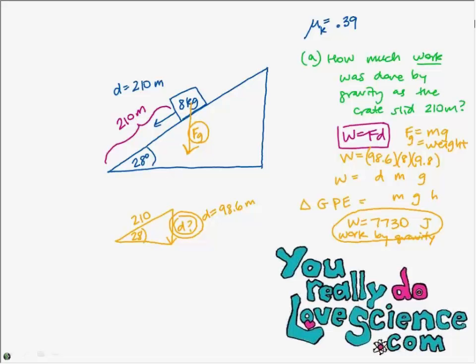Let me think about how to do this here. We could say the work done by friction. I might need to make the coefficient of kinetic friction a lower number, because at that high of a coefficient, the 0.39 that I gave you, it's possible that the friction would be too high and it might not slide at all.